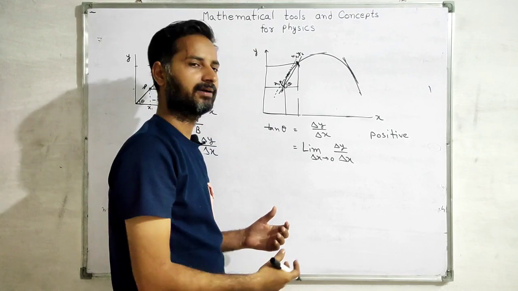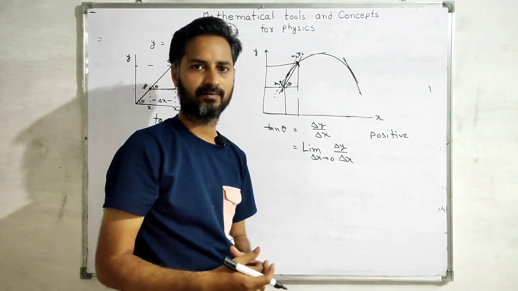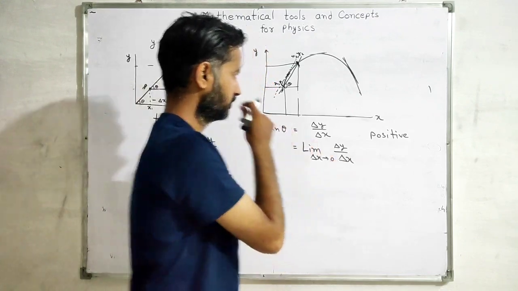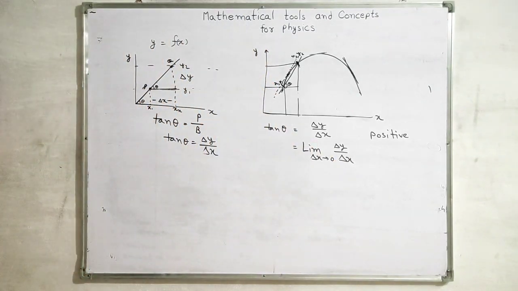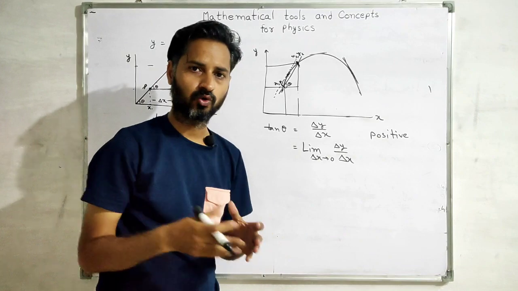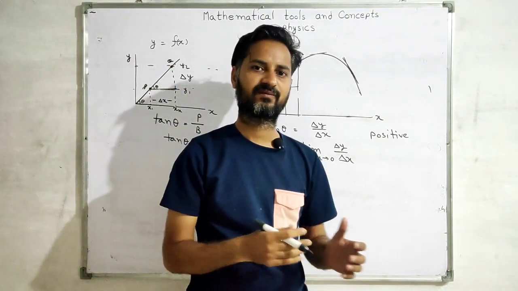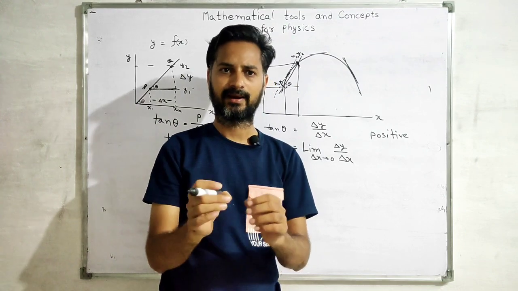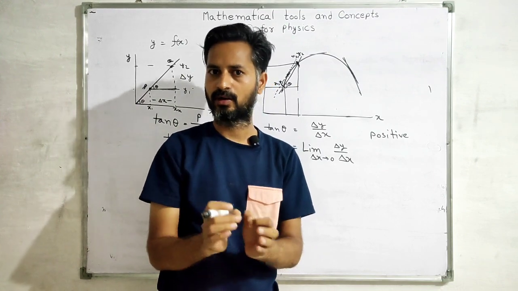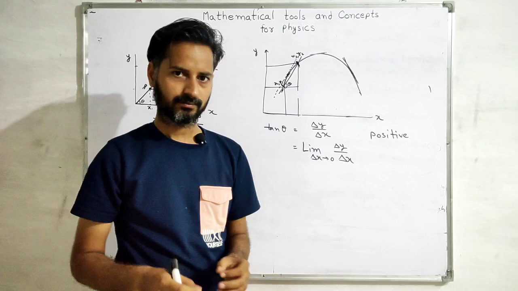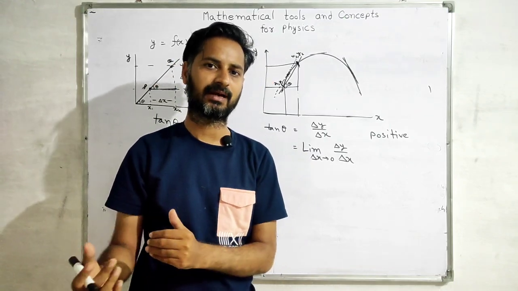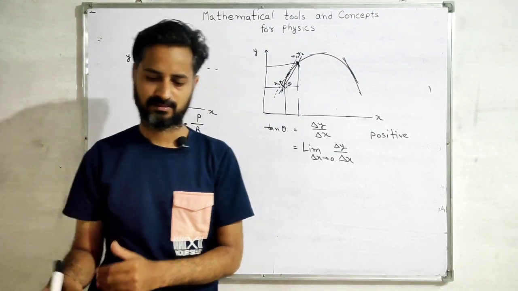For more than 90 degrees, tan theta becomes negative, so the slope will also be negative. So the meaning of differentiation is just to find the rate of change at a particular point or particular time, so that we can get the exact value of the desired quantity in physics.